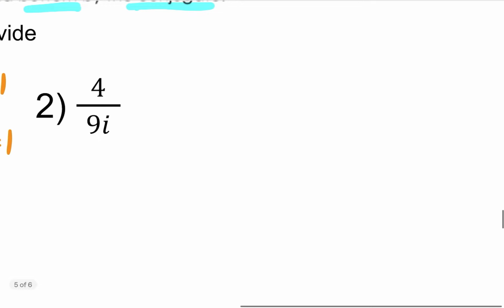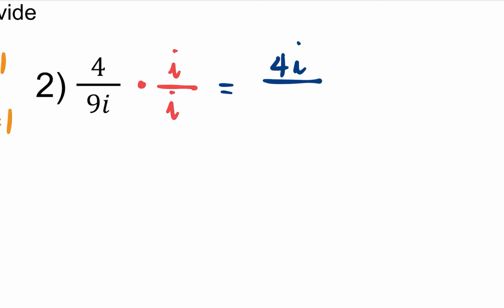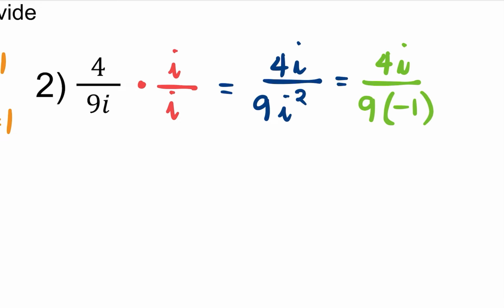We are going to multiply the expression by i, because our denominator is a monomial. Multiply straight across. 4 times i is 4i, and 9i times i is 9i squared. We are going to substitute the value of i squared with -1.